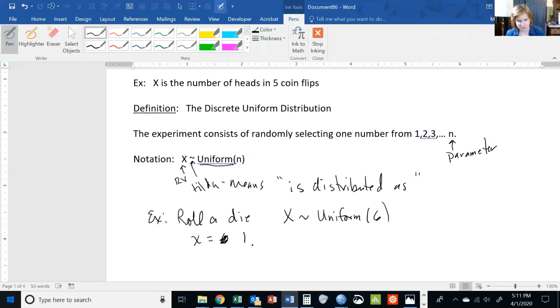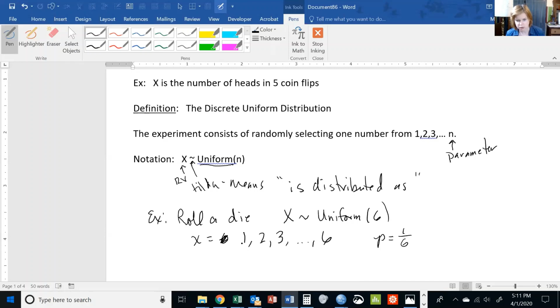It starts with 1, so 1, 2, 3, all the way up to 6. Those are my possible outcomes, and we're randomly selecting one of those outcomes. So what does that mean? The probability for each of these rolls is equal to 1/6.